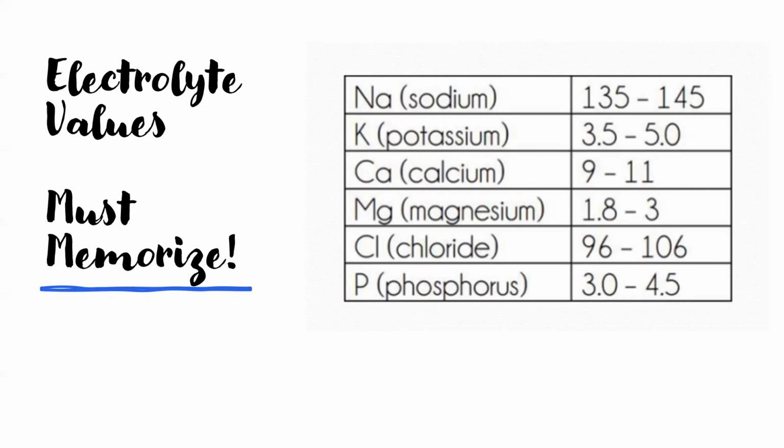If you have too little of a particular electrolyte, it's going to be hypo. If you have too much, it's going to be hyper. So if the patient has too little potassium, it is known as hypokalemia.